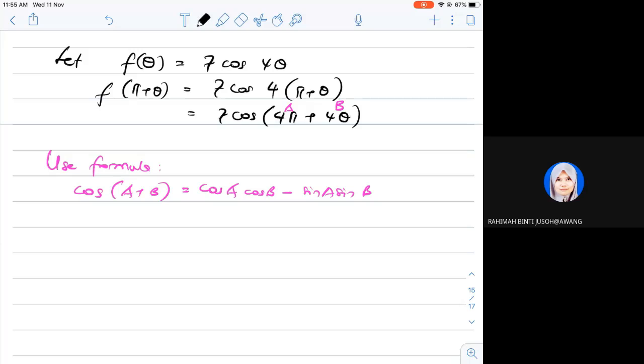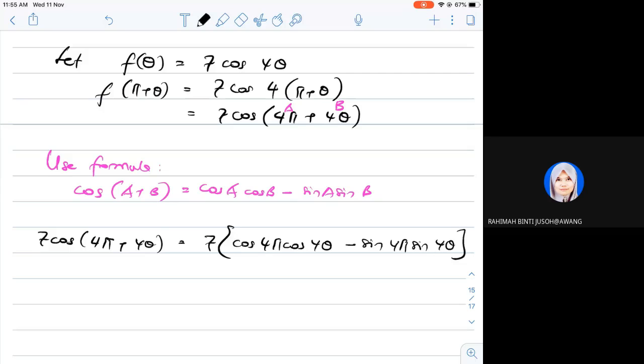So this is equivalent to 7 cos 4 pi plus 4 theta is equivalent to 7 cos 4 pi cos 4 theta minus sin 4 pi sin 4 theta, like this.